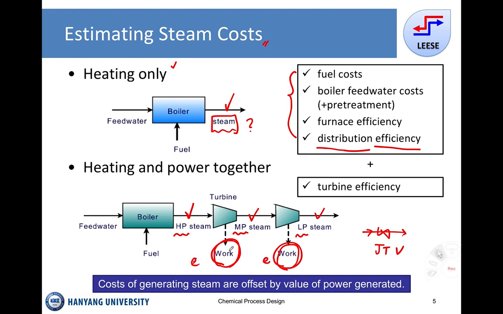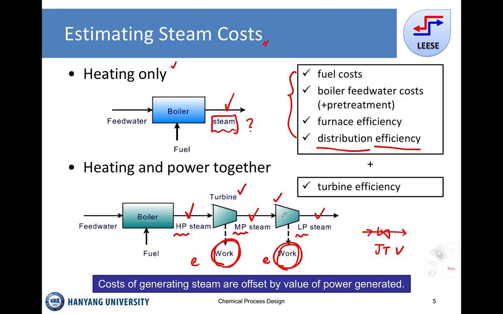So the process requires a large amount of electricity. So rather than buying the electricity from an external source, it might be useful to use the electricity or power produced from this turbine, okay?